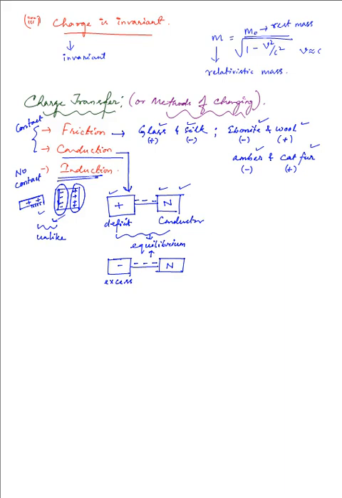Take the case of conducting materials, when you have a positively charged object brought close to a conducting material, suppose, and it is electrically neutral. What happens in that case is that the electrons will be deposited to this side, with this being positive.